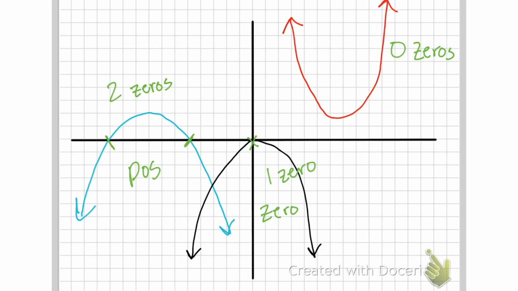Every time I write 0, you could say solution instead. I don't want to write out solution because I don't have time. Or you could say x-intercept. It doesn't matter, okay? So that means that the discriminant here is negative because it never crosses the x-axis.